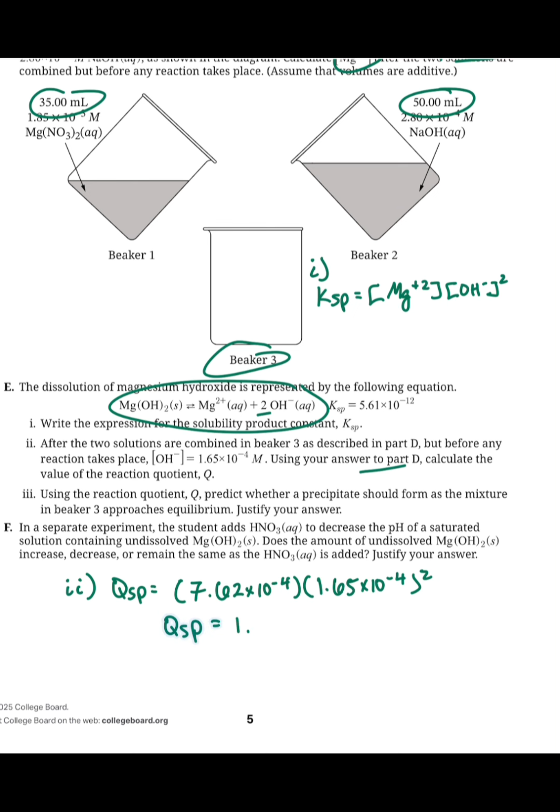And then we get 1.26 times 10 to the negative 7. So that's our answer for double I.